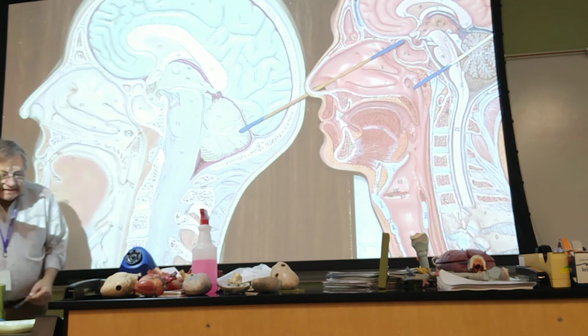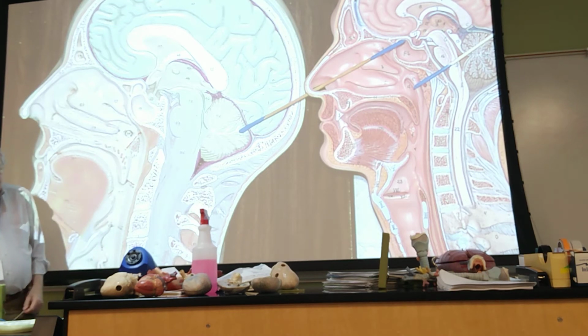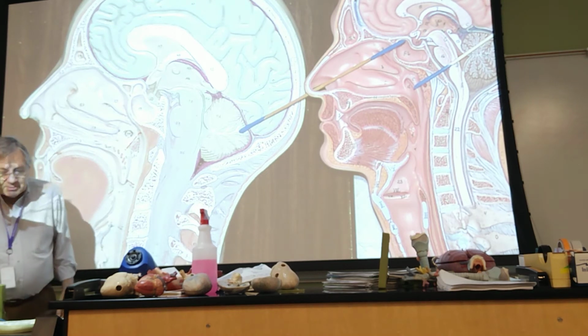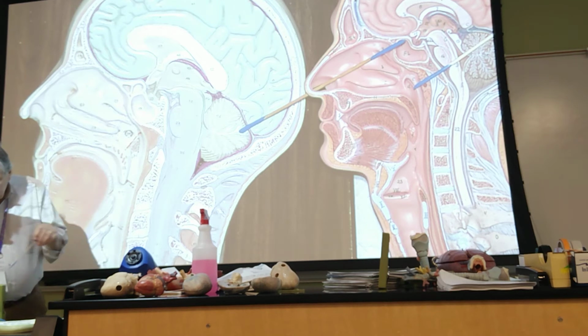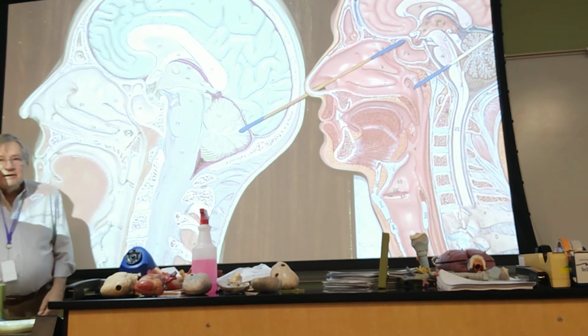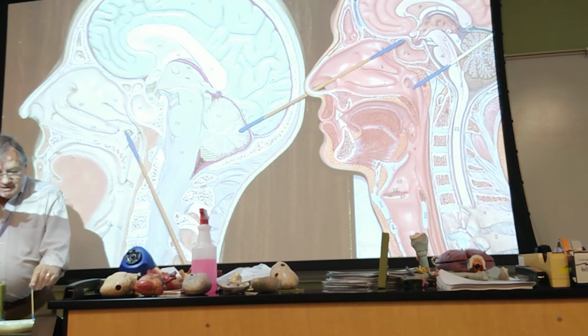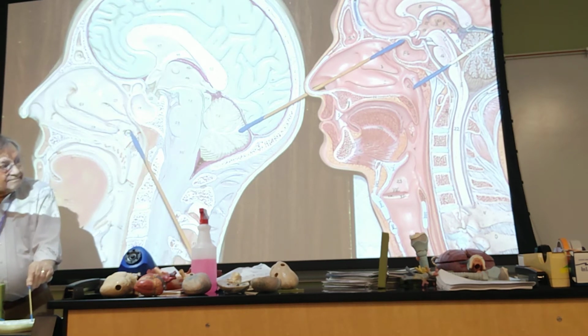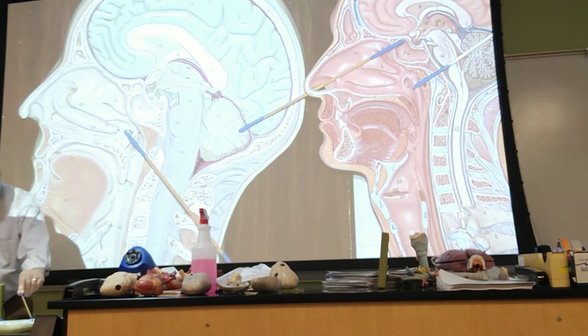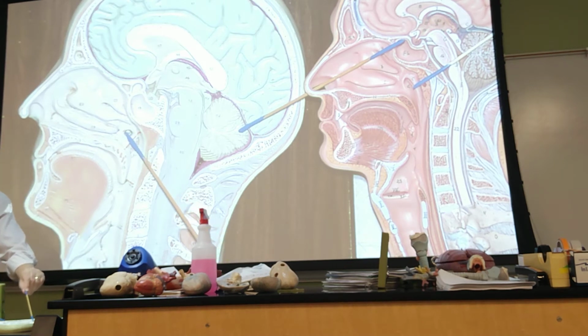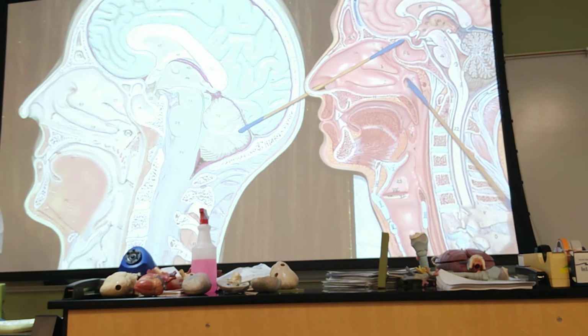In this area, you have two structures you need to be able to identify. There's an opening to your middle ear. In the old model, it's this little crater. Here, it's this little kind of depression right there.